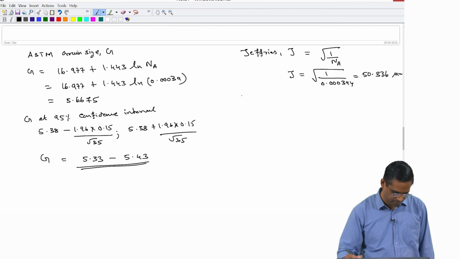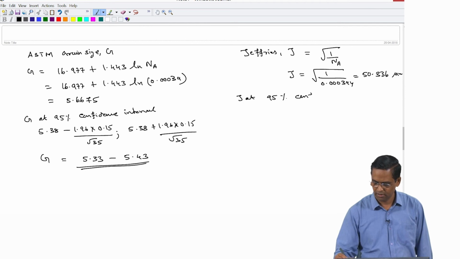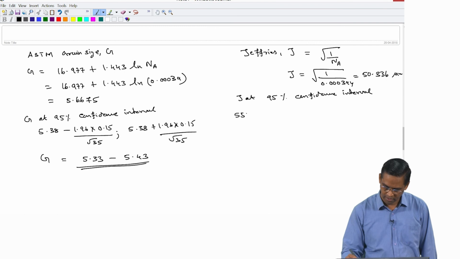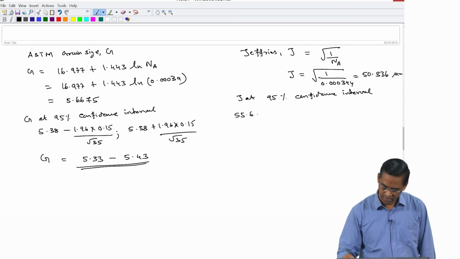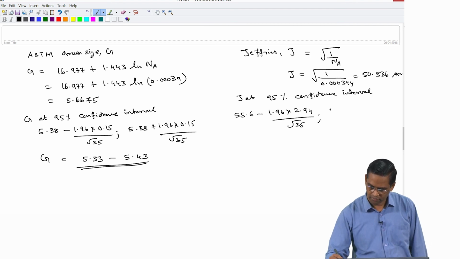So, you just you can report this again J at 95% confidence interval. This is just for a repetitive exercise, but then it will give you some exercise to practice. This is 2.94, this is 35 and this is 55.6.